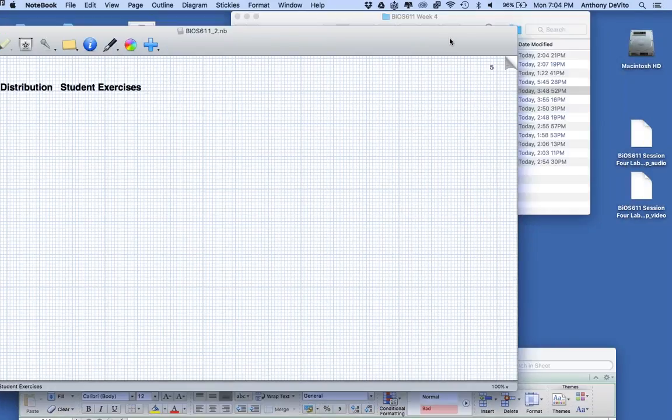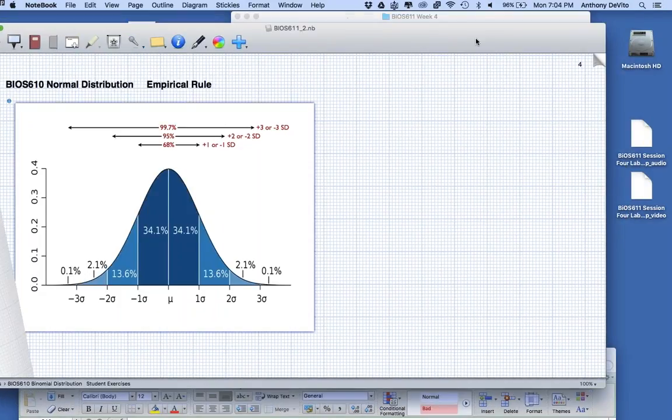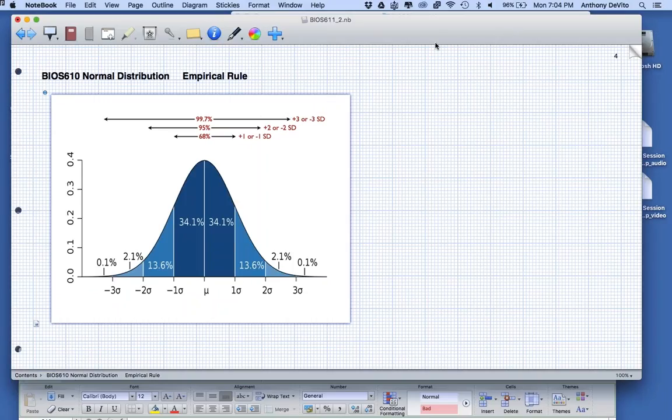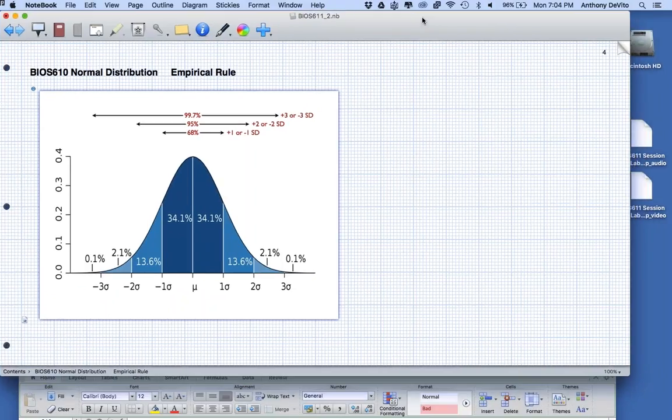Before we get to the formula, I'm going to give you some general rules of thumb that you can use. These are termed the empirical rule. Levi kind of broached this before.